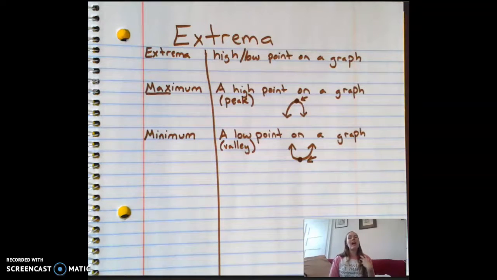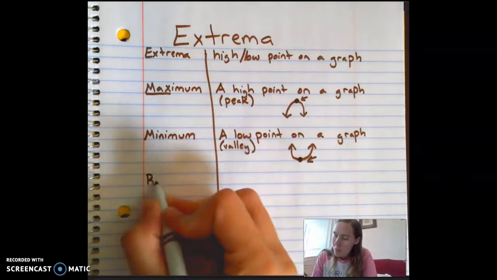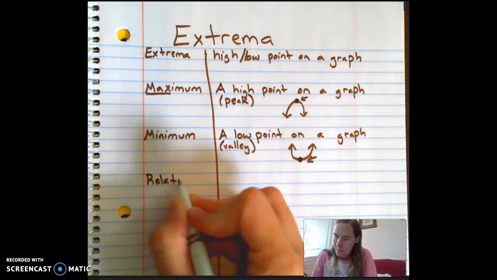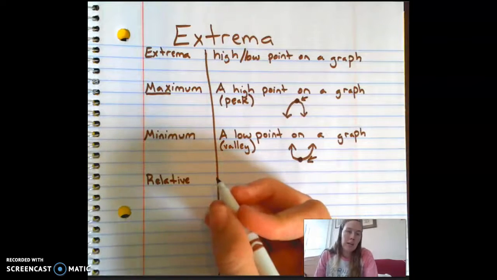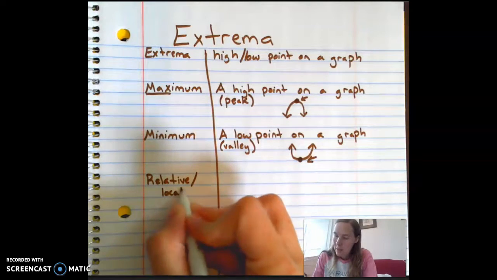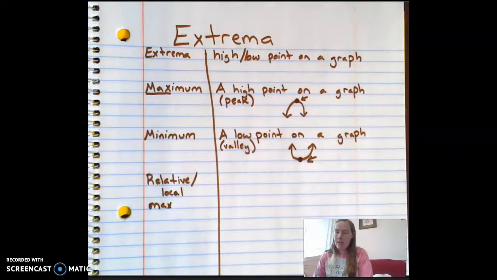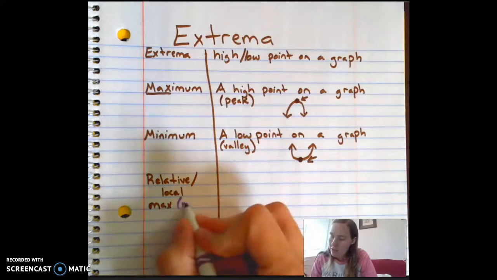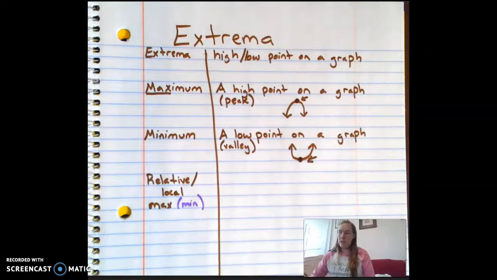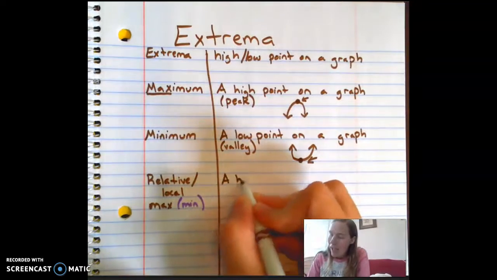But there's different types of maximums and minimums. The first one we're going to talk about is the relative. Or, if you're talking in different sites, it can also be called the local max. And I'm going to put the min in parentheses so I don't have to rewrite this definition twice. So, if we're talking about a max, it's a high.